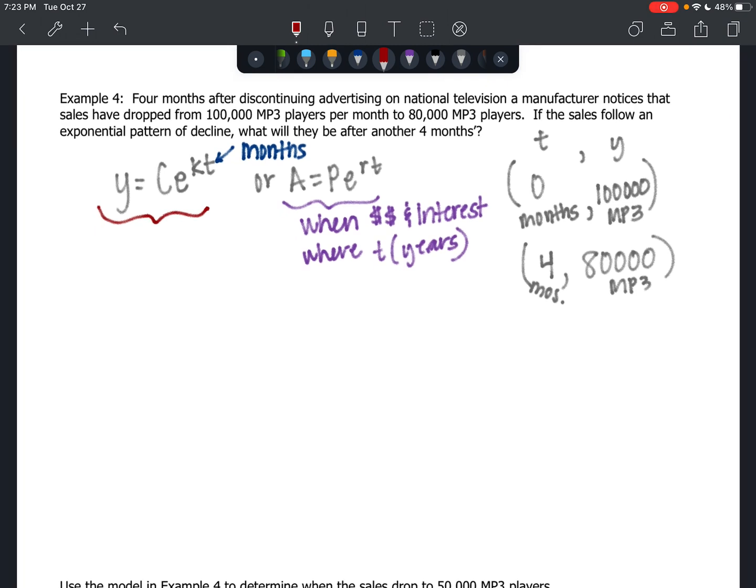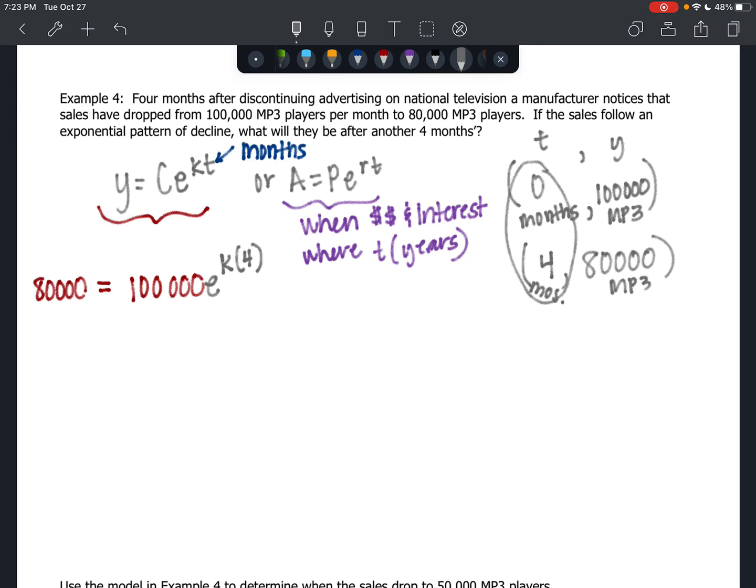My initial value is 100,000. My end value is 80,000. And then I've got times e raised to the k times 4 power. And the reason it's k times 4 is because 4 months have elapsed.